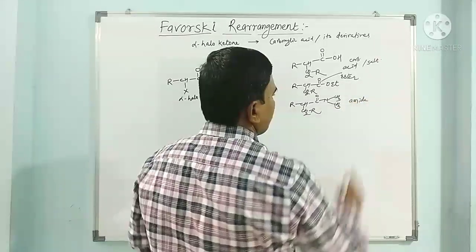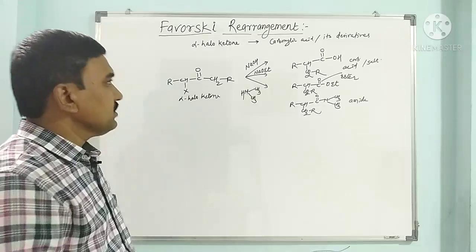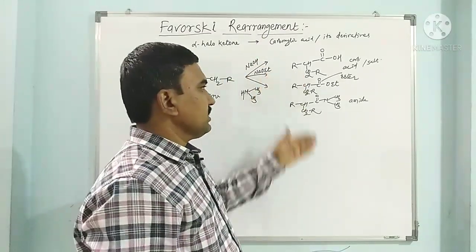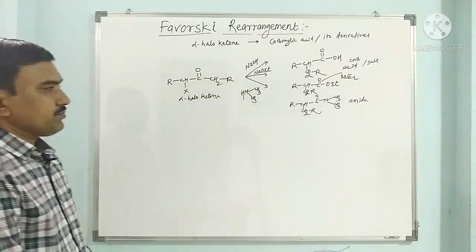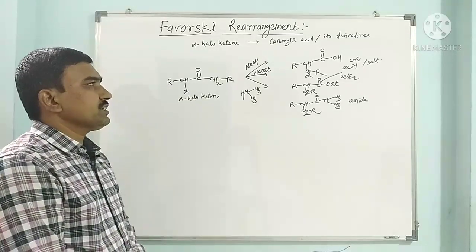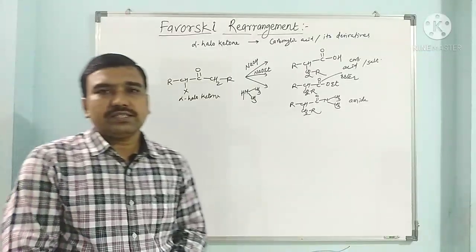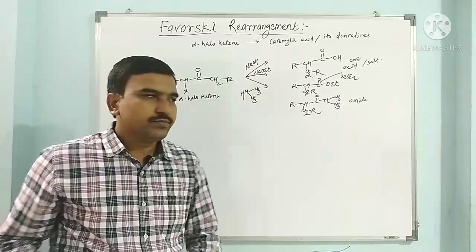So this is here amide we get. So depending on the type of base, we can get different products. Here we get carboxylic acid, here we get ester, and here we get amide. So different types of alpha haloketones, when treated with different base reagents, give carboxylic acid or its derivatives. Now we have to see its mechanism.